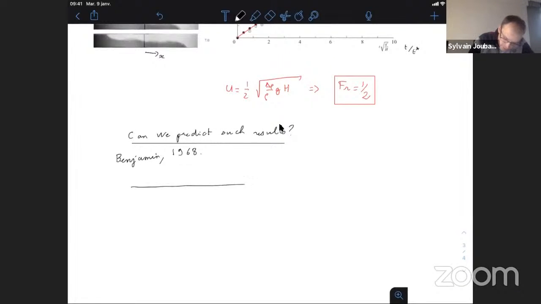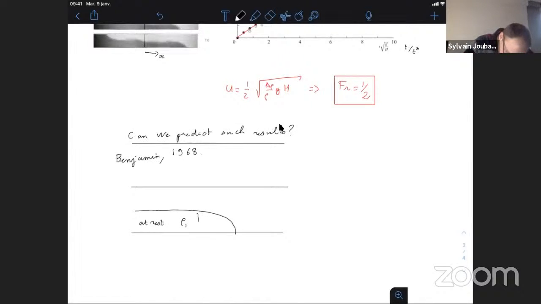The system you are considering is this one. You look at this behavior, and you make a change of the frame of reference. This fluid is at rest, which is the fluid ρ1 over a small h.